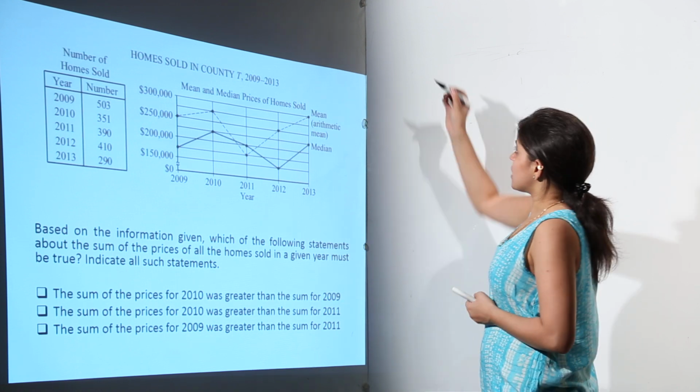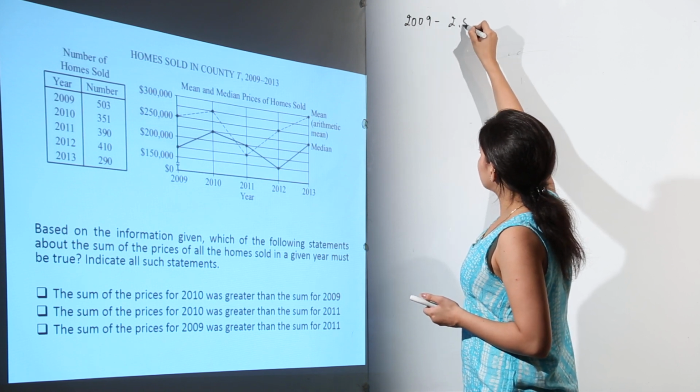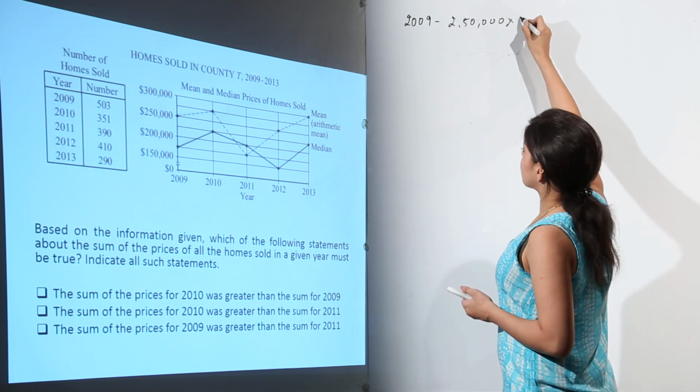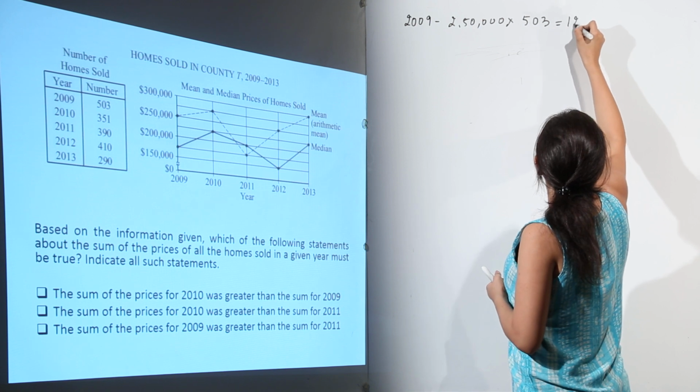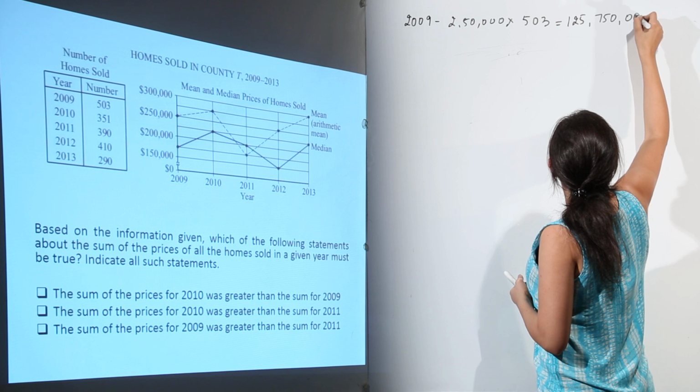The mean in 2009 is 2,50,000. We will multiply it by 503, which will give us the value 125,750.